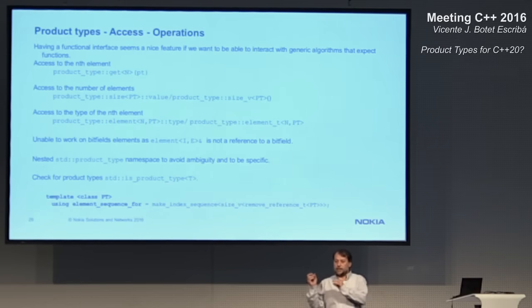It is a get that gets the element of a product type. As you see, we are defining in some way a concept. We are defining the concept that has access with these functions, get, size, element, and of course, we will expect to have some kind of traits that allow us to check if a type is a product type. So we will have is_product_type traits.